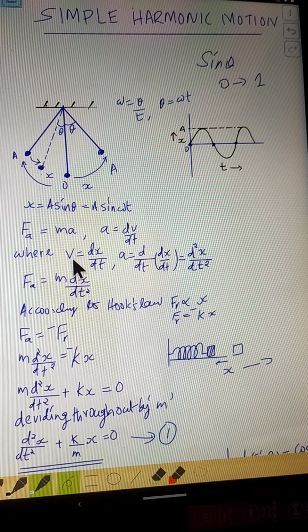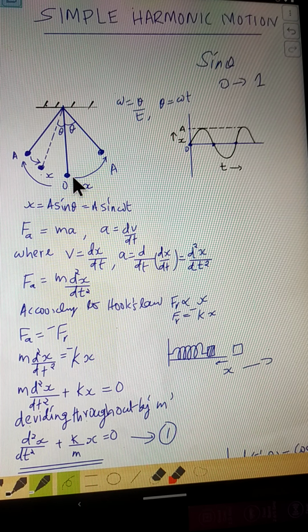So velocity can be expressed as the first differential of displacement, a small change in displacement, over the interval of time. So acceleration is equal to dv by dt, but v is equal to dx by dt. So d by dt of v is d by dt of dx by dt. So acceleration is equal to the second differential of displacement, d square x by dt square. So the applied force F, m into a, is equal to m d square x by dt square.